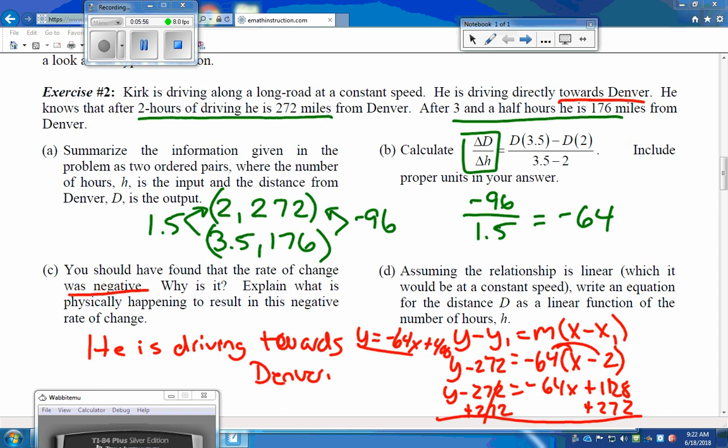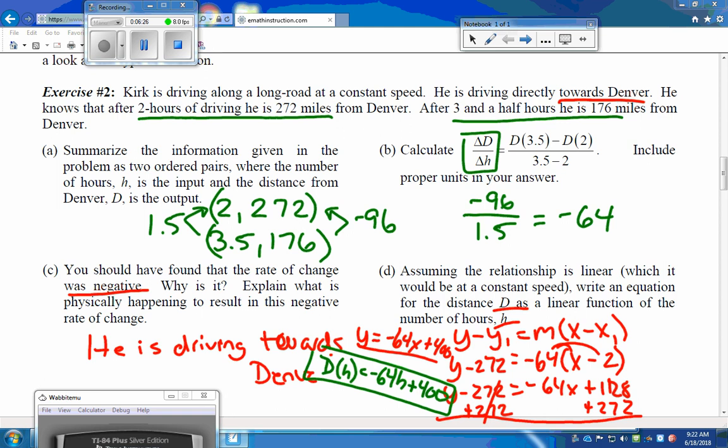Now, that's the equation, but they want us to use distance and hours. So the distance based on hours is going to equal negative 64h plus 400. You could be thinking, what does that 400 represent? 400 is the starting value.